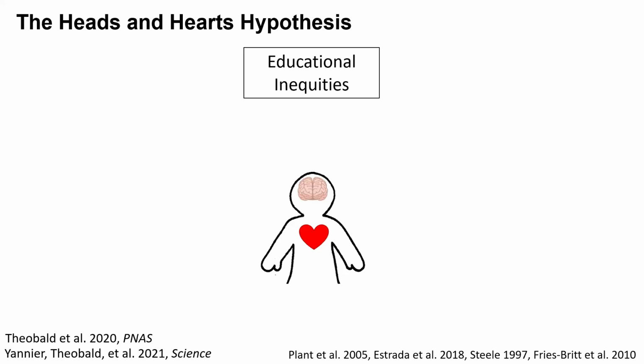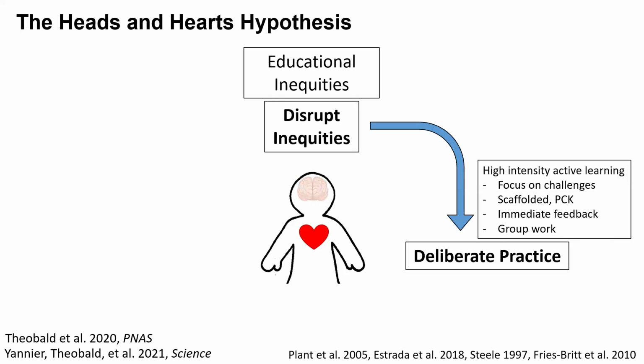In theory, you're impacting a student's head because you're trying to measure what they know, but what students experience in the class, or what they like, also deeply impacts their heart. If we want to disrupt these inequities, we need to activate both the head and the heart in students. The idea is that the deliberate practice so prevalent in high intensity active learning is the way we activate students' heads.